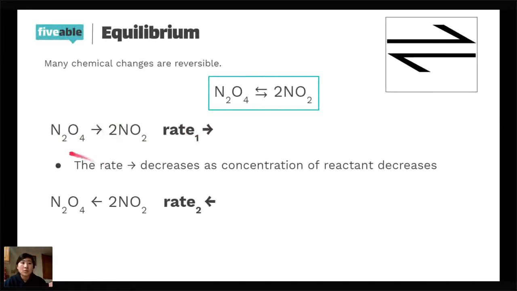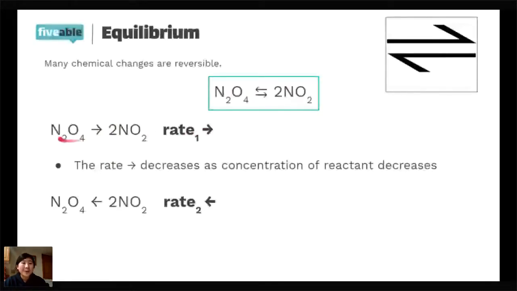As the reaction keeps moving on, eventually you'll run out of N2O4, so you'll have a lower rate for reaction number 1.